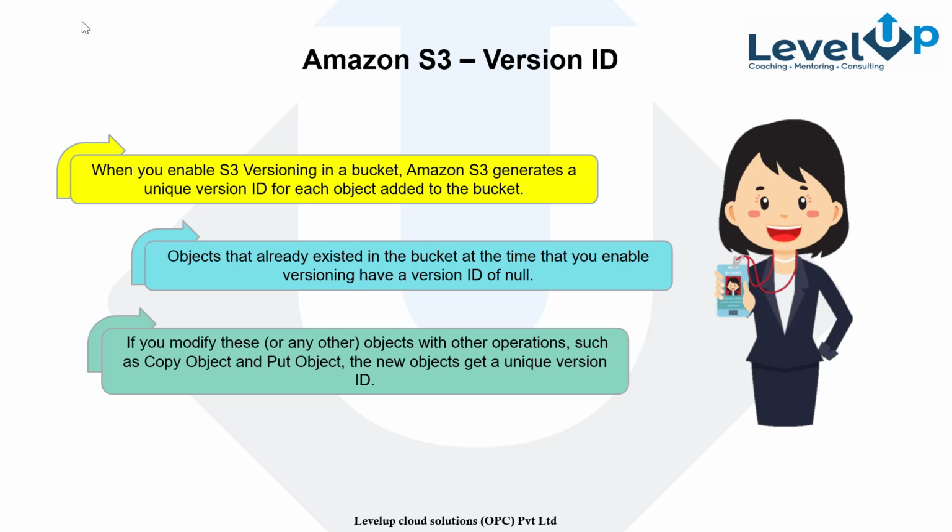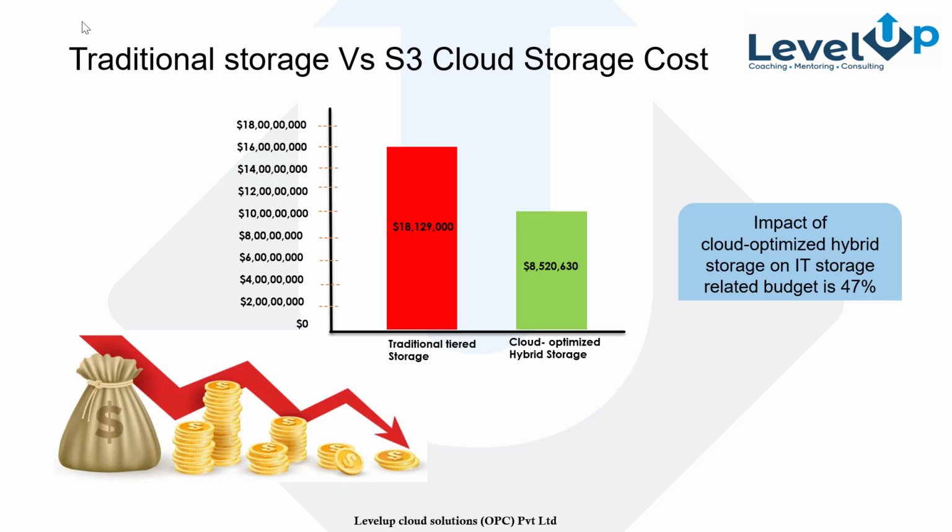Now, if I have to compare S3 storage and traditional storage, you will save a lot if you architect your S3 buckets well. One of the reasons is that when you are storing data on premises, you are actually paying for the storage that you're not using also.